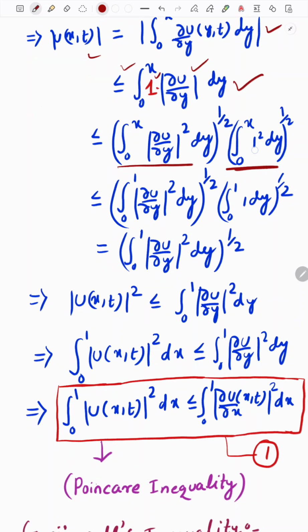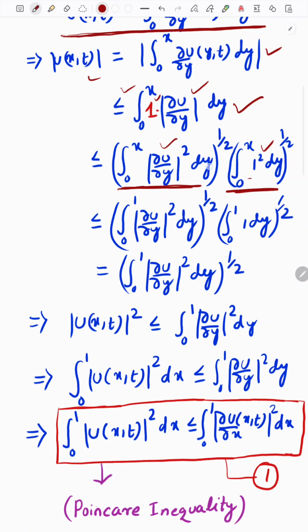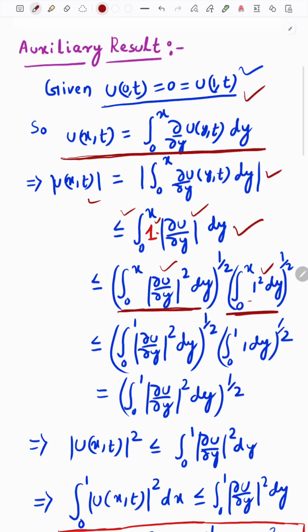Here this integration value is nothing but 1. Wait, before calculating the value of this integration, what I am doing here: these quantities are non-negative, 1 squared and these are squared, and here x is a variable, and previously I have not mentioned that x belongs to the closed interval 0 to 1.